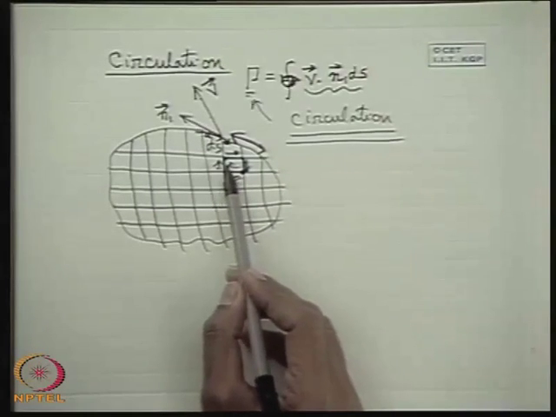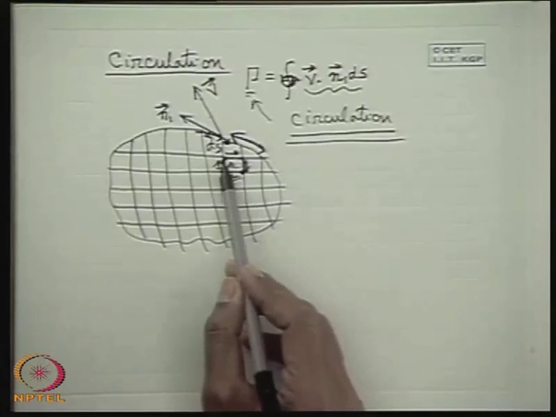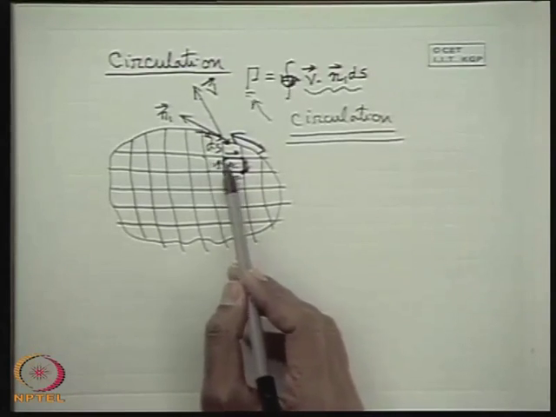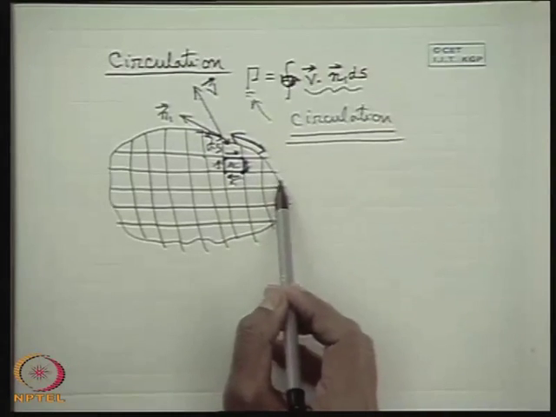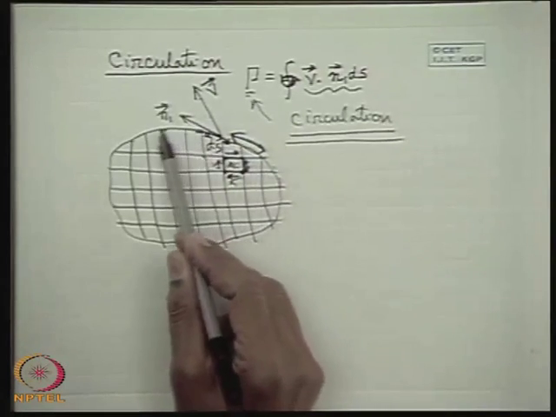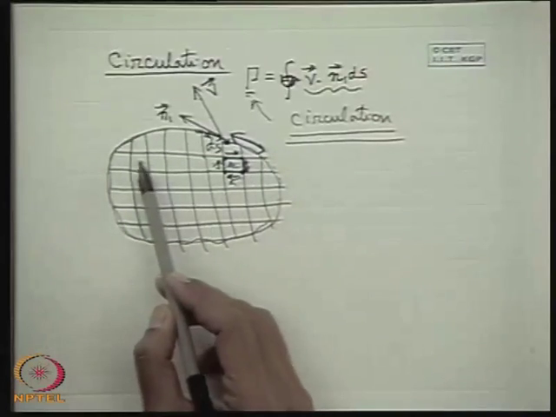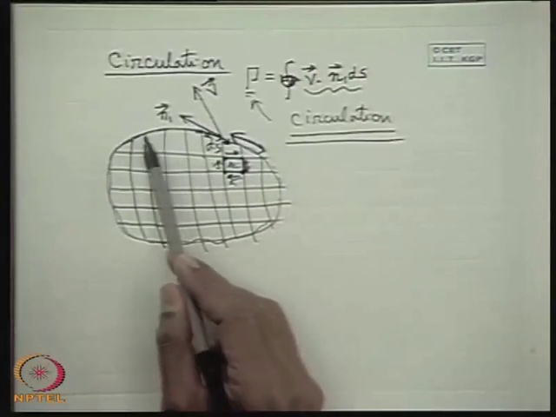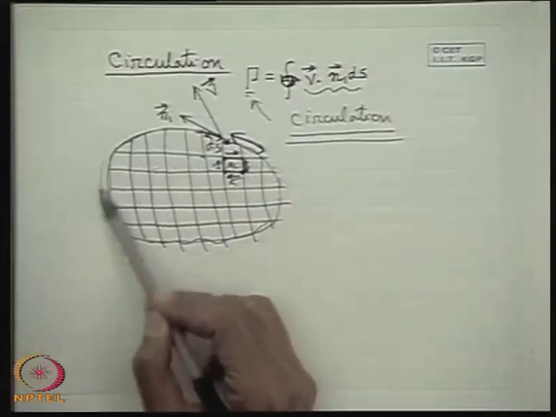It contributes in the calculation of circulation for one closed circuit in one direction and for the adjacent closed circuit in the other direction, so they ultimately cancel each other, and we are left only with the contributions along the outermost boundary. So if we sum up the circulations of these infinitely small circuits, we get the circulation around the closed circuit.